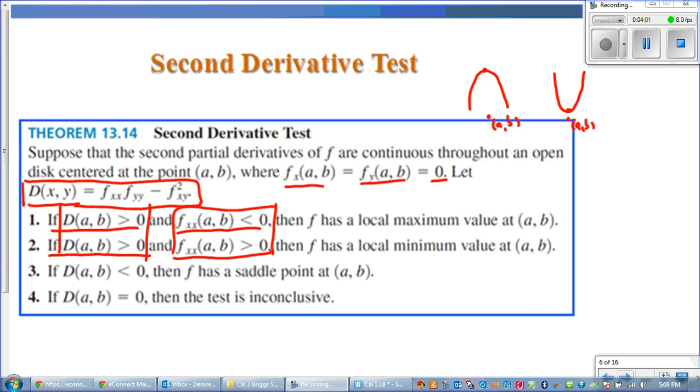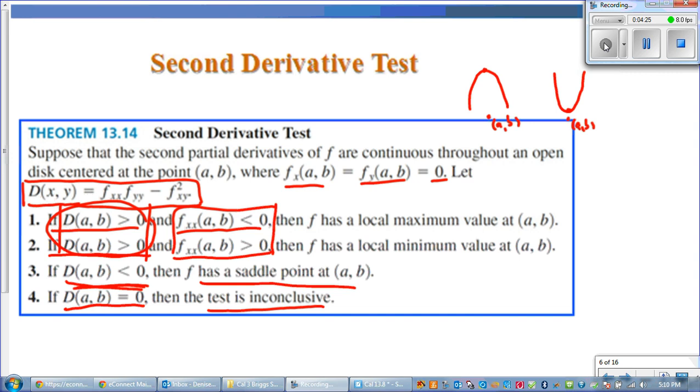Now, if that discriminant is negative, then f is going to have a saddle point. And if that discriminant is 0, then the test is inconclusive and we'll have to just look at the equation and try to analyze it. Okay, so a positive discriminant is really telling us that the behavior in all the directions is the same.